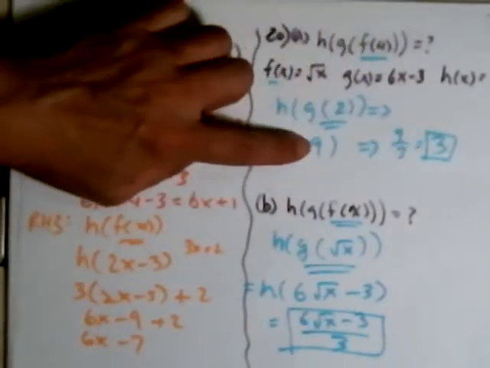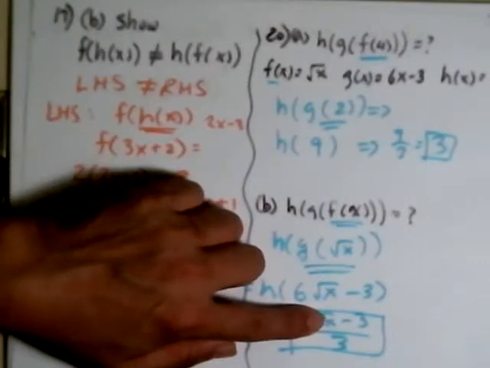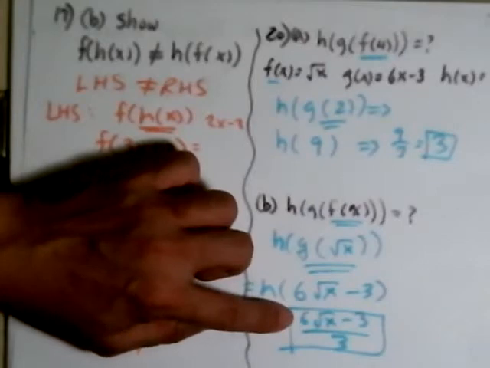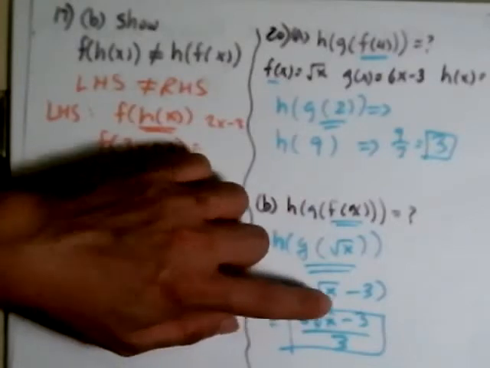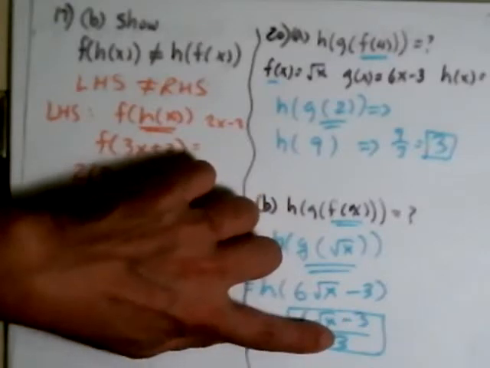What we could have done was put 9 in here. Square root of 9 is 3, times 6 is 18, minus 3 is 15.